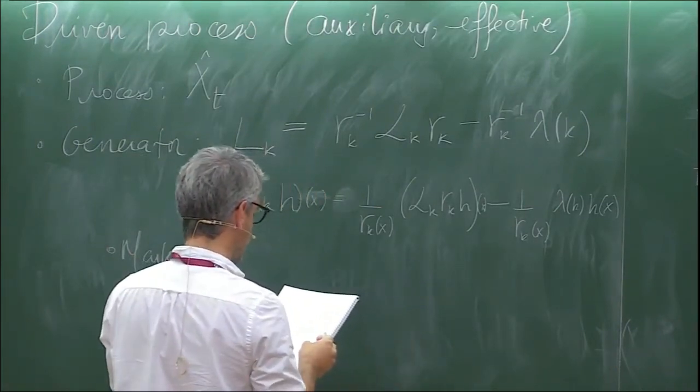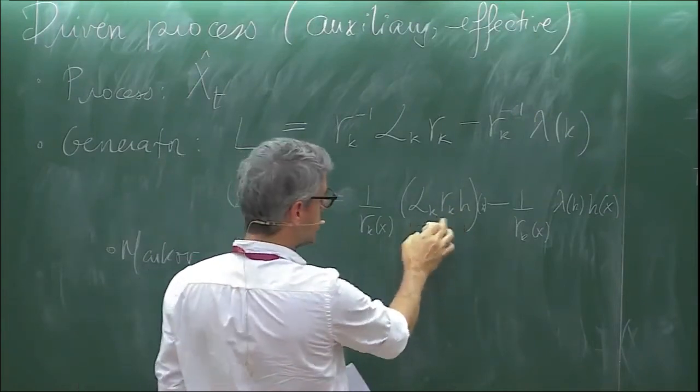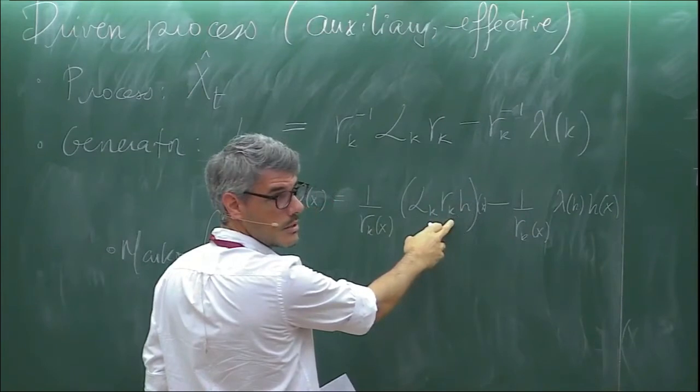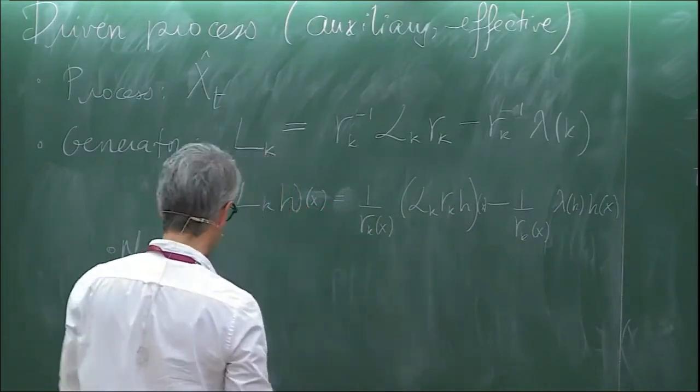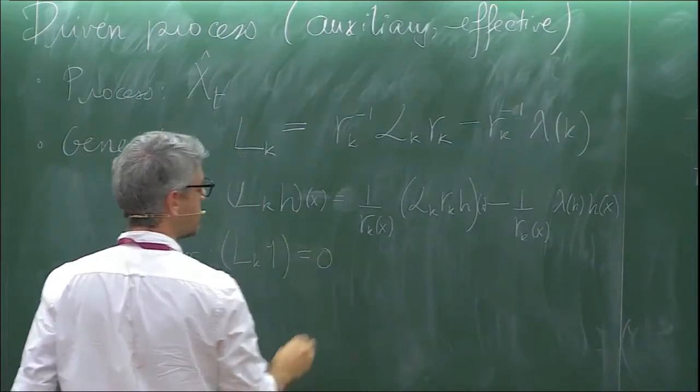If I apply this on 1, here I'm going to have a lambda, so this will give me lambda. So I need 0: L applied to 1 is equal to 0.